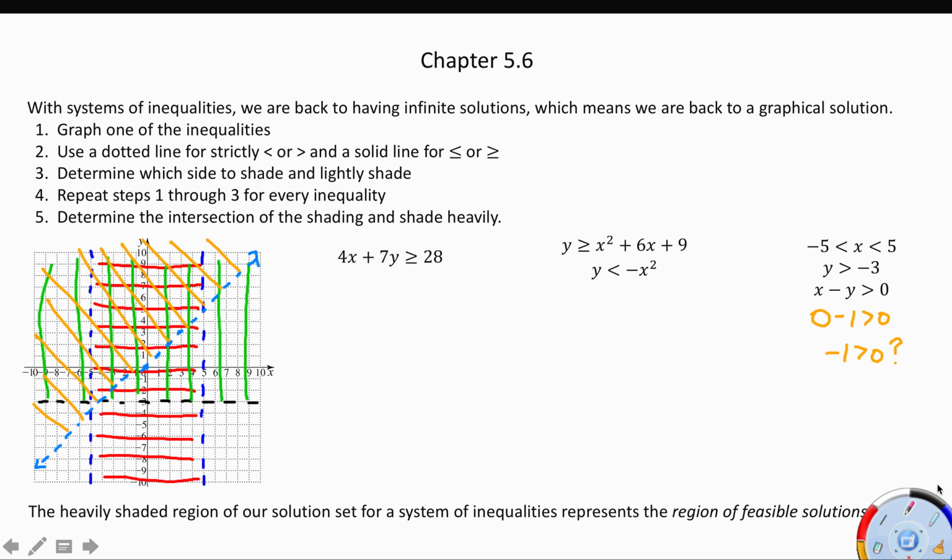You've got to go back in and completely shade in the region of your answer. Make it obvious what you're saying your answer region is.